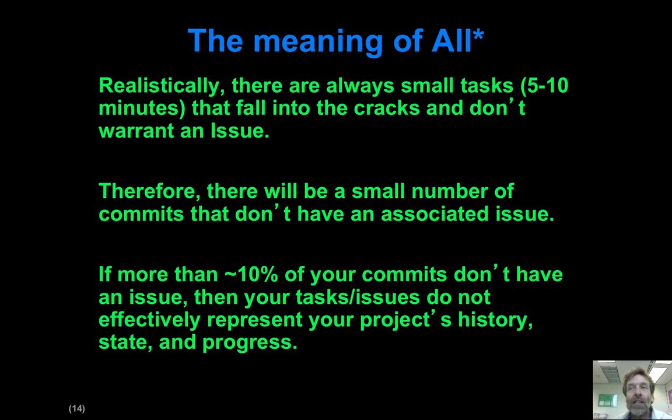And that means you're not doing a good job of specifying the set of tasks and issues that need to be done so that they cover at least 90% of the work. And I think 90% of the work is a reasonable goal to strive for.